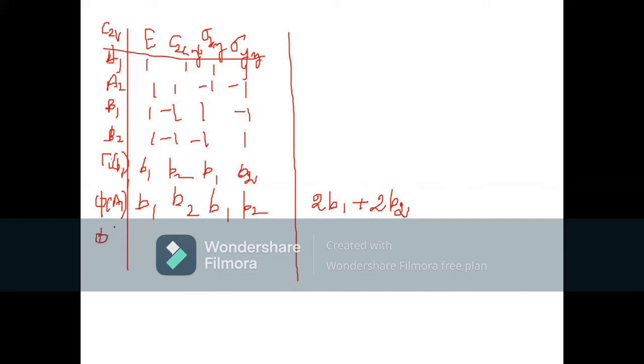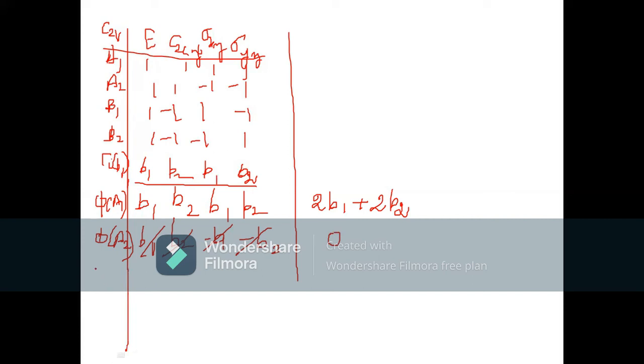And the SALC corresponding to A2 symmetry will be B1, B2, and I have to multiply this with the characters of A2. So it is B1 minus B2 minus B1 plus B2. You can see that B1 minus B1 gets cancelled, B2 minus B2 gets cancelled, so it is 0.